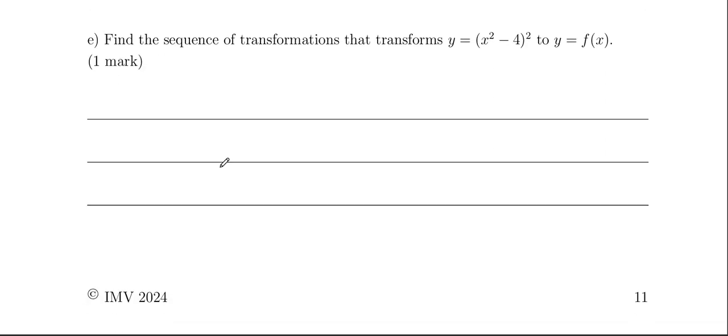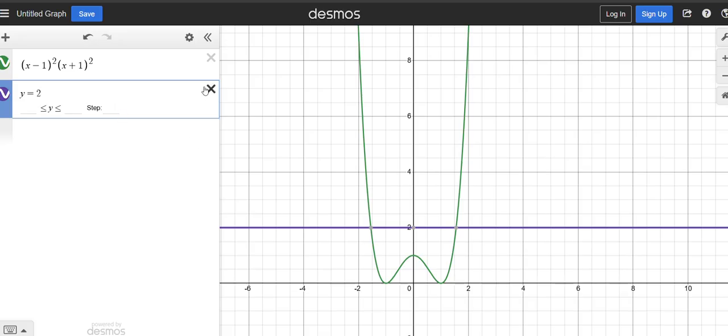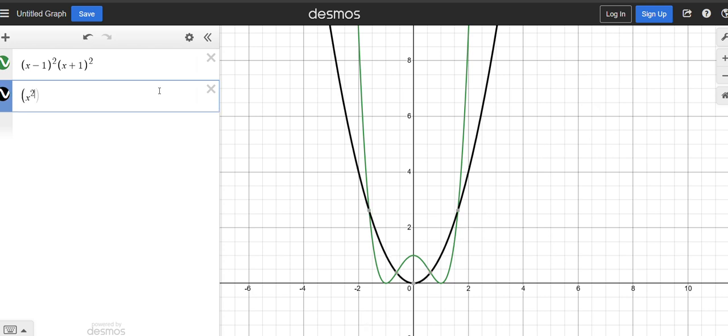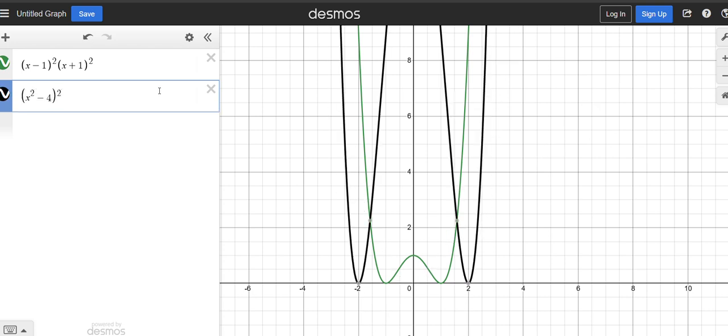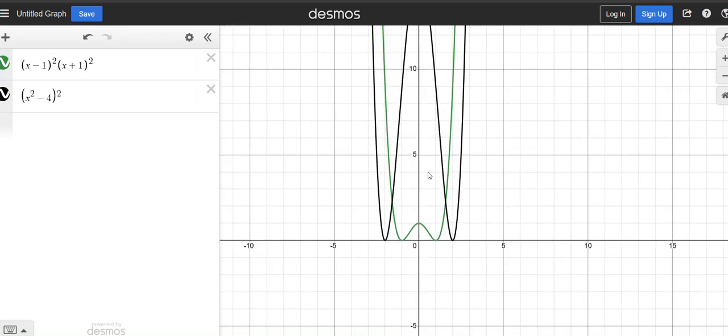All right, next question. Find the sequence of transformations that transforms this function into f of x. So what we're going to do is we're going to let g of x equal x squared minus 4 squared. And when we graph this, you can see that the turning point at x equals 0 doesn't actually change.